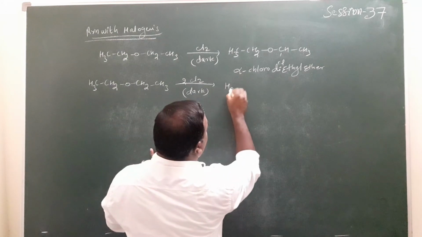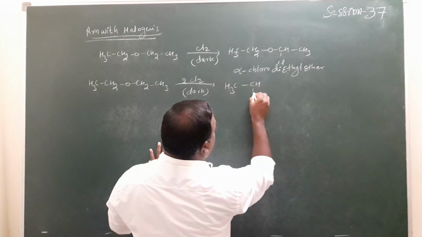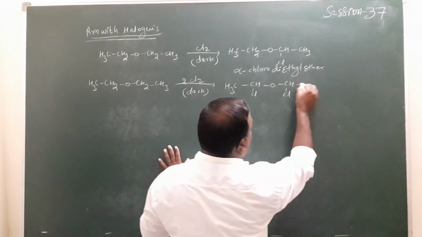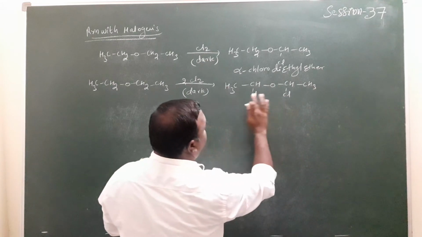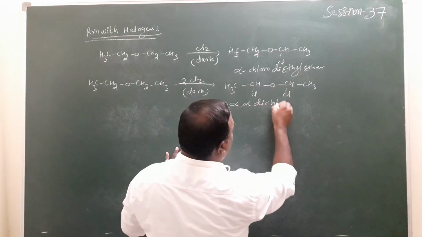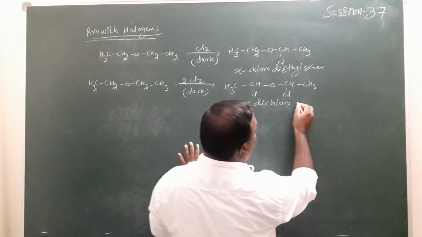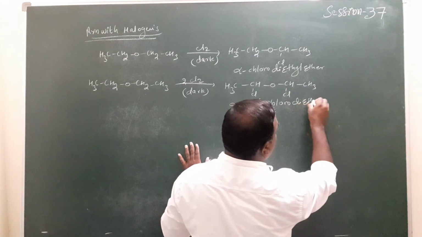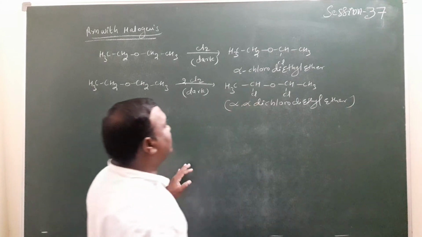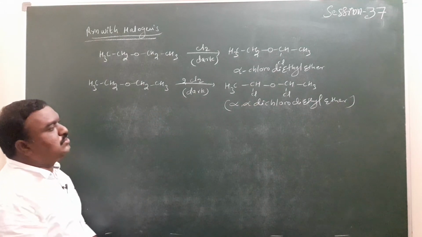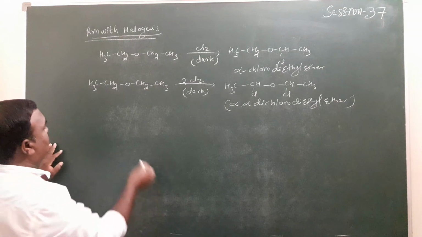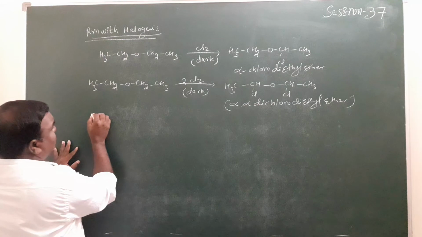Here CH3, that hydrogen is replaced by chlorine, and the other side, that hydrogen is replaced by chlorine. So we get alpha, alpha-prime dichloro dimethyl ether. This is the way to write the products, alpha, alpha-prime dichloro ethers.